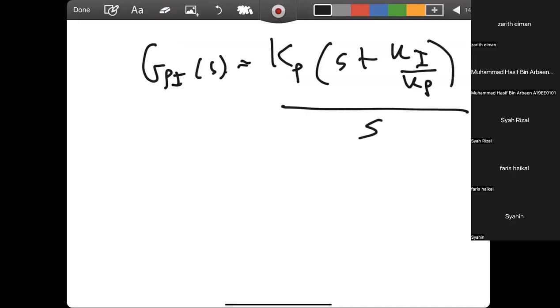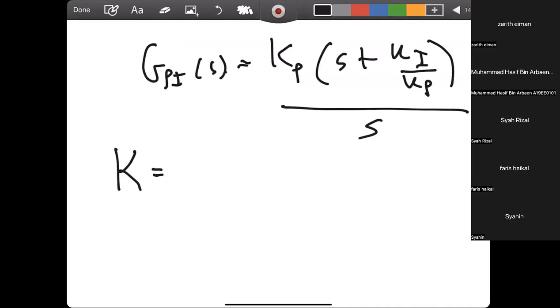First you have to find K, from the formula with the PI controller.